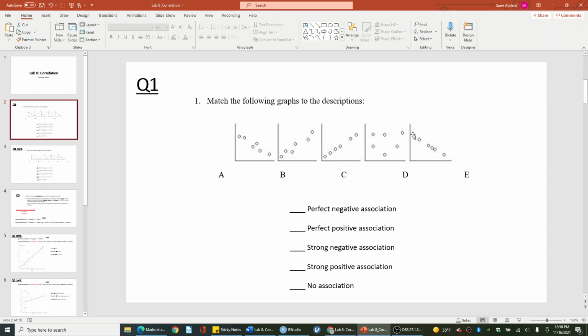Conversely, you can have a negative association, so that's when one variable is increasing while the other is decreasing. Trying to think of an example on the fly here. Number of friends equals less time alone.